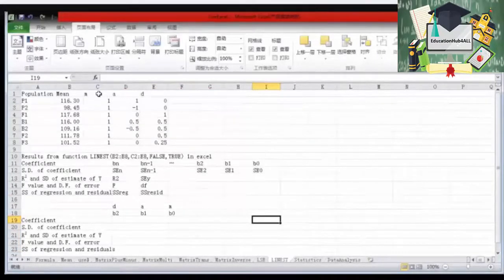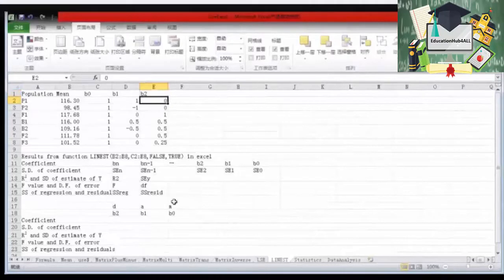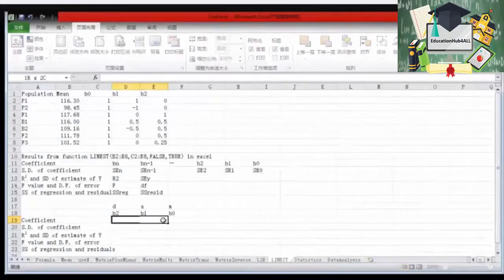So let's see this. Actually, I changed the title. It's like B0, B1, B2. This genetic data actually has some genetic meaning. So I select the cells.